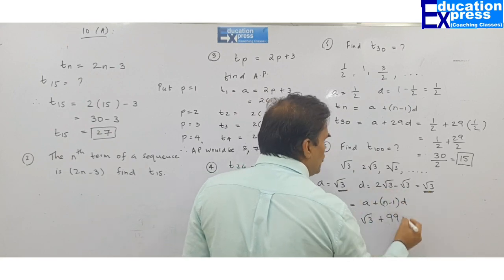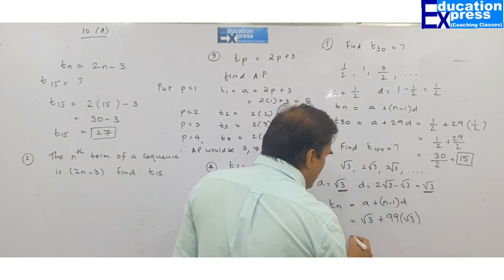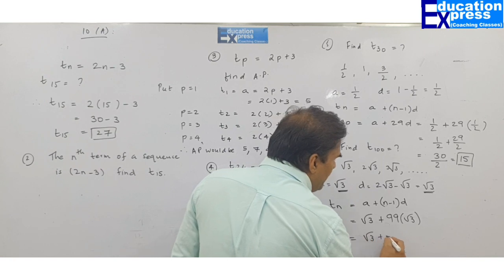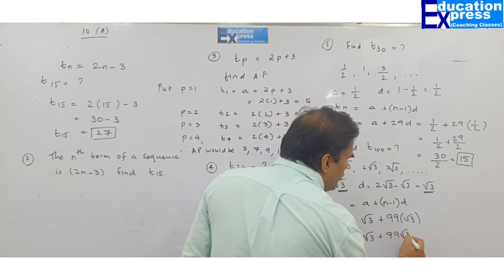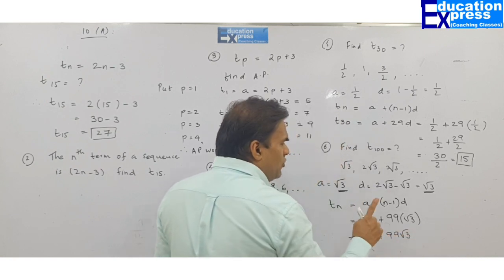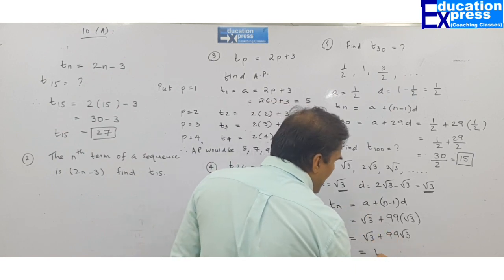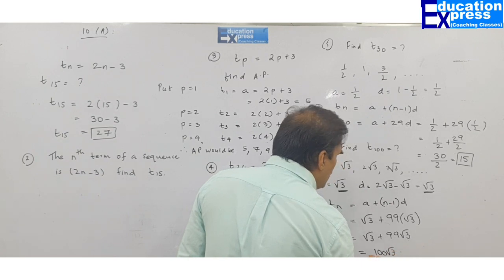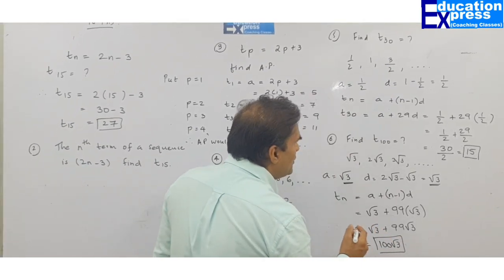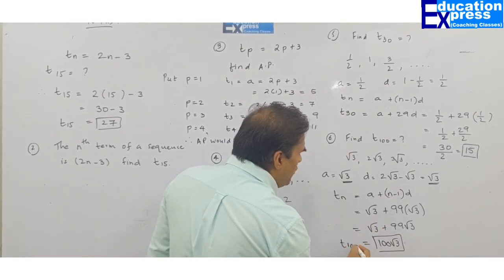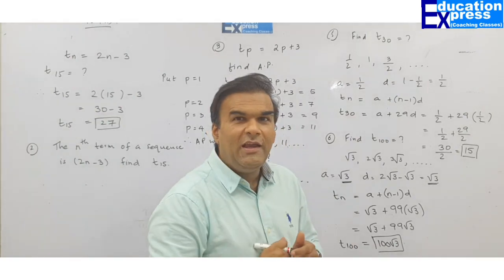So the value of D is root 3. So you get root 3 plus 99 root 3. So 1 root 3 plus 99 root 3. 1 plus 99. 100 root 3 is your answer. So my dear friends, we found out the value of T100.